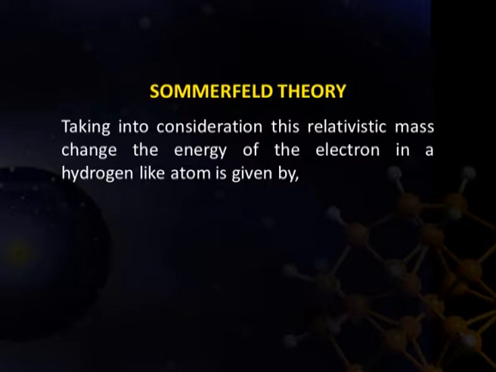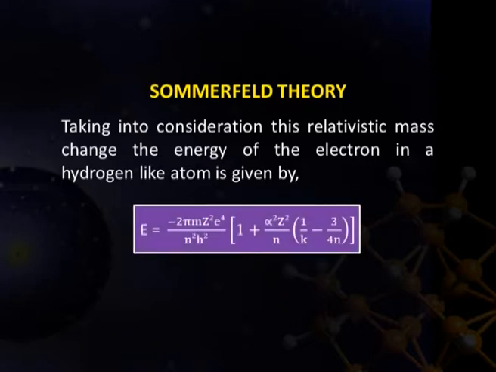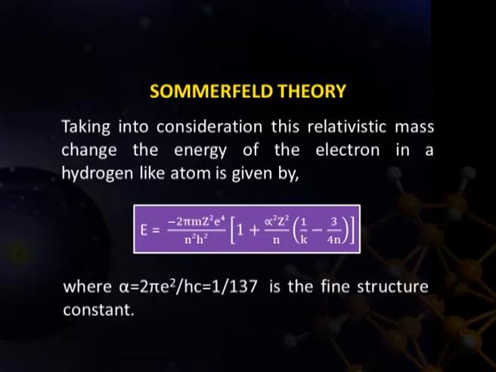Taking into consideration this relativistic mass change, the energy of an electron in a hydrogen-like atom is given by the equation E is equal to minus 2 pi square m z square e to the power 4 upon n square h square into 1 plus alpha square z square upon n into (1 upon k minus 3 upon 4 n), where alpha is equal to 2 pi e square upon h c, equal to 1 upon 137, the fine structure constant.